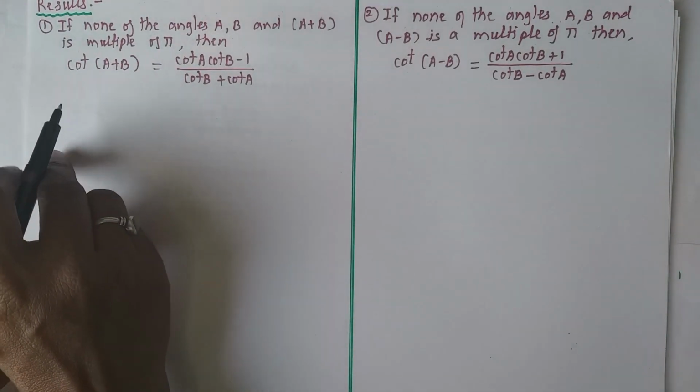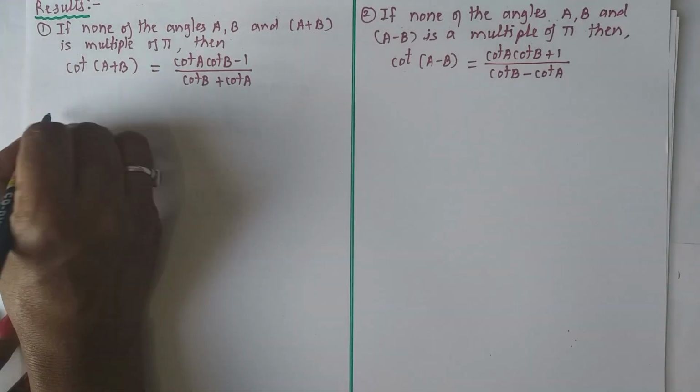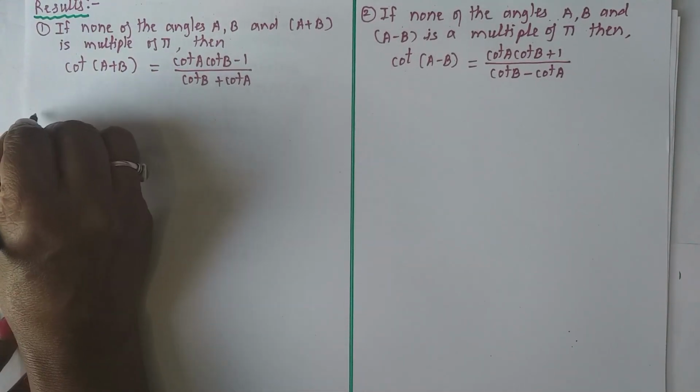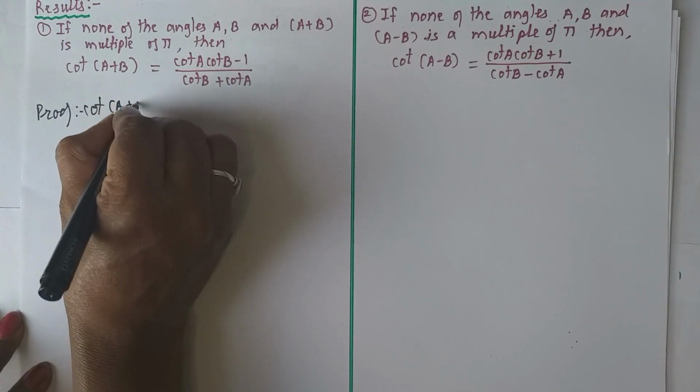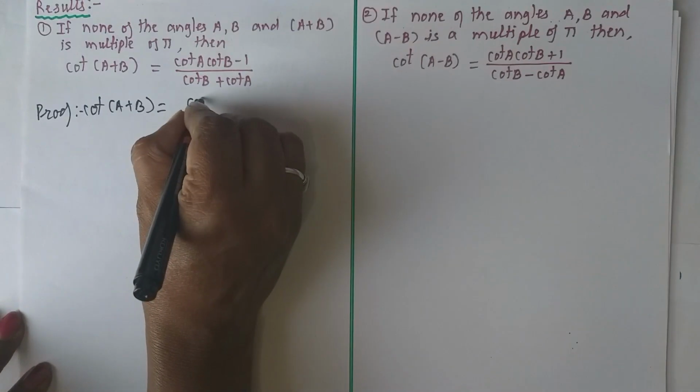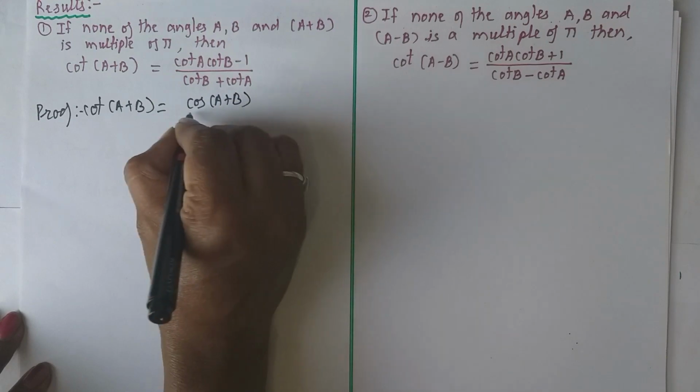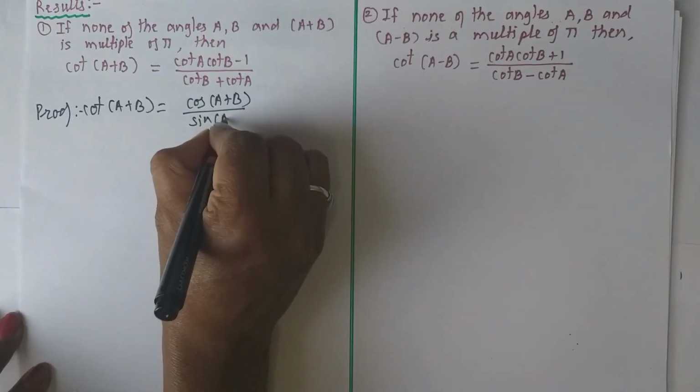Okay. Now, for cot(A + B), how can we derive this? We know that cot means cos divided by sin, so cos(A + B) divided by sin(A + B).